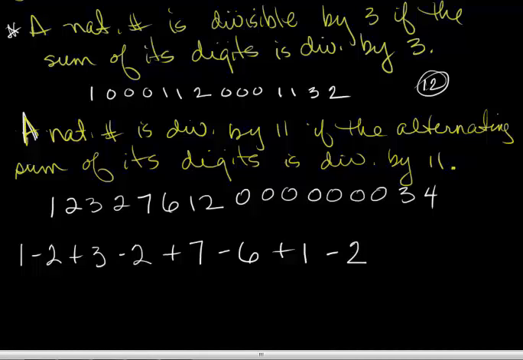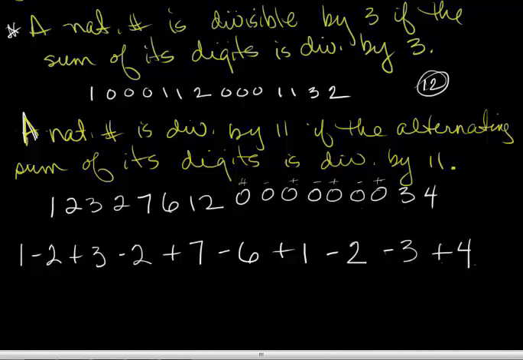Then I'll have a plus, minus, plus, minus, plus, minus, plus. So then I have minus 3 plus 4. Notice I didn't want to write all those zeros down. So when I got to minus 2, I knew it would be plus 0, minus 0, plus 0, minus 0, plus 0, minus 0, plus 0, minus 3, plus 4.